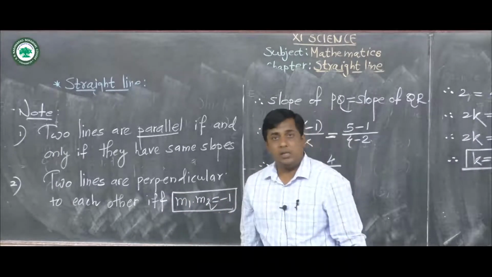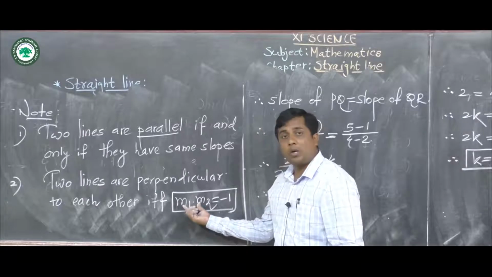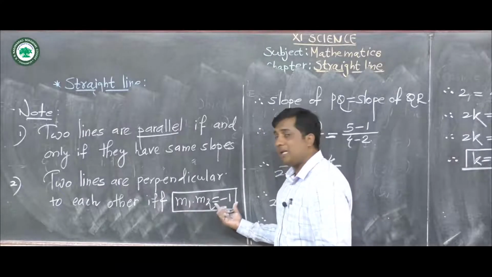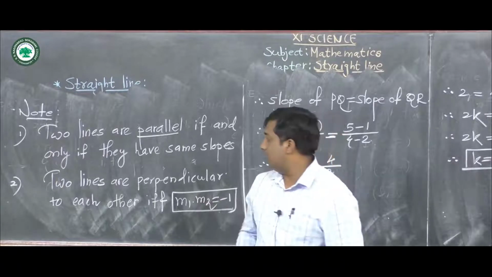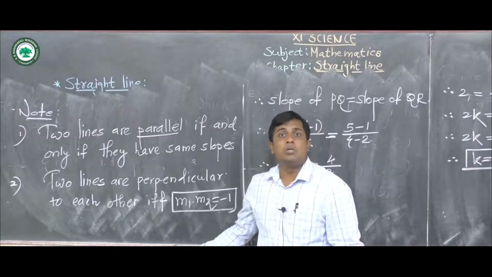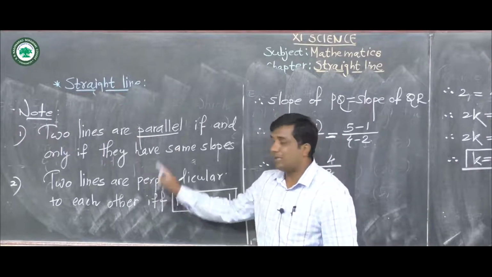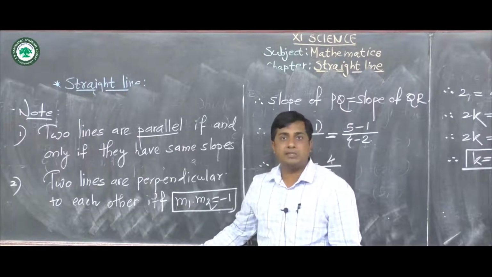If the product of m1 and m2 is minus 1, then we say the given two lines are perpendicular to each other. So remember these two notes also.